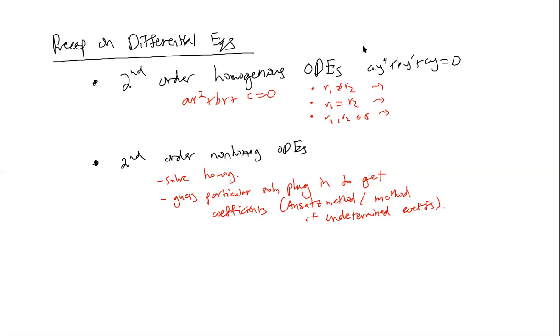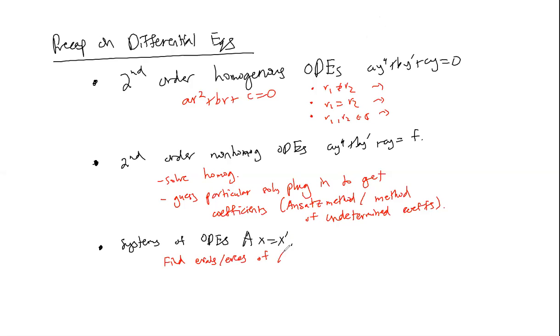And then, okay, we've talked about systems of ODEs. This is ay double prime plus by prime plus cy equals f. Systems of ODEs, you find eigenvalues and eigenvectors of A. And then, depending on whether it's diagonalizable or not, this gives you a solution.